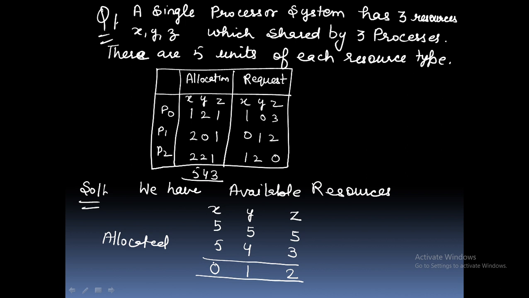Now you can see here you are requesting total 2 3 5 3 2 3 5.